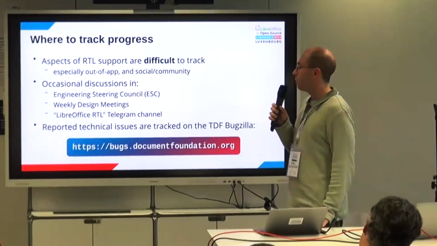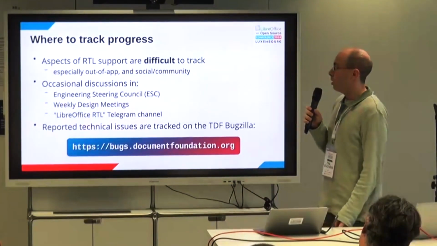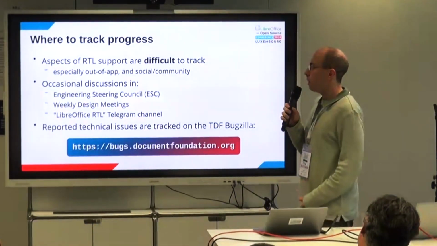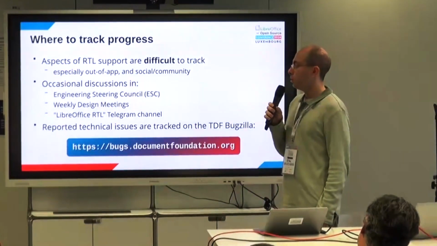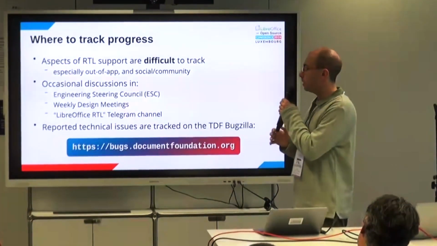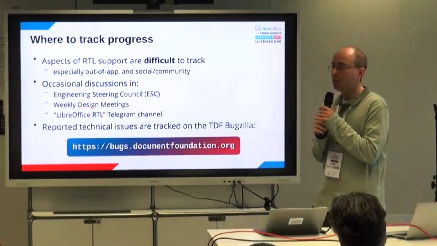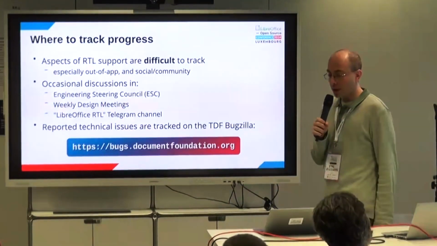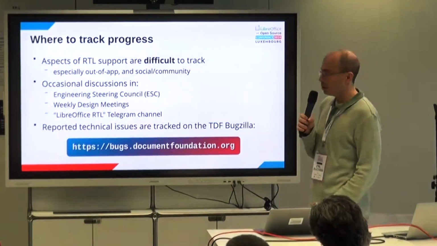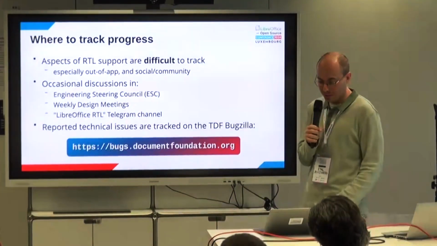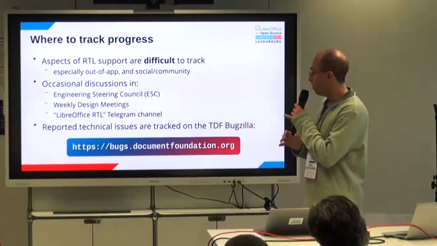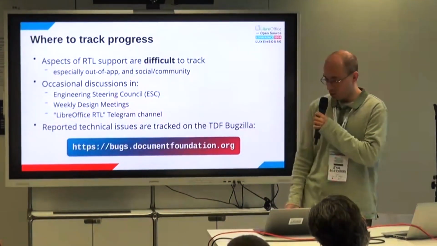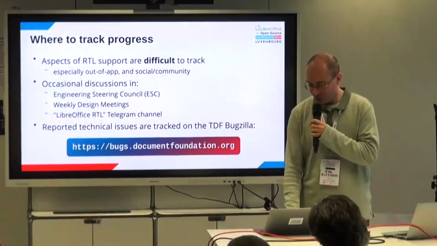But this subject, or things related to RTL support, occasionally come up in the Engineering Steering Council, and occasionally in the design meetings, and there's also a Telegram channel, LibreOffice RTL, where you are more than welcome to come bring things up or ask, or even mention something that you're doing that is related, so other people know about it as well. But the technical issues are on our bug tracker, which I think basically all of you know pretty well.